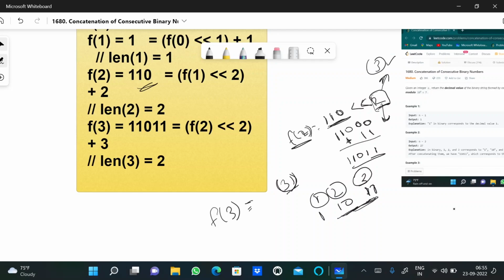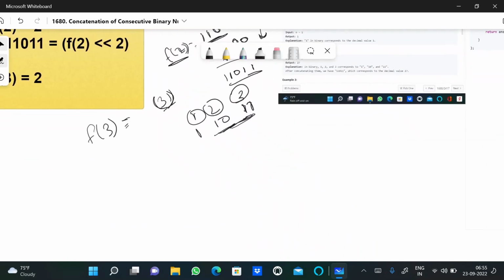So how can we find this? You can see 1 is 1, 2 is 10, 3 is 11, and 4 is 100, right? What is happening here is that in every 2 to the power n number, like 4 or 8, the first digit will be 1 and all other digits will be 0.